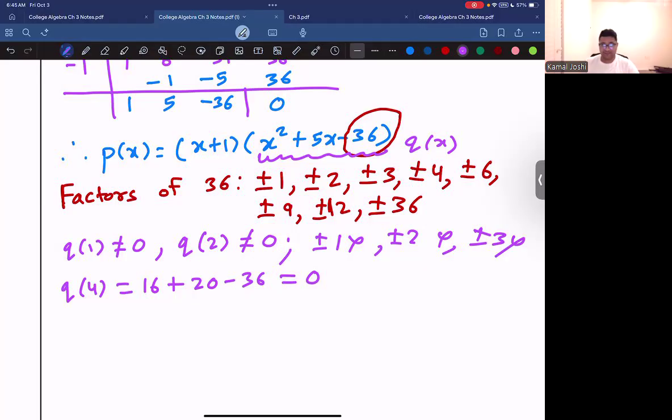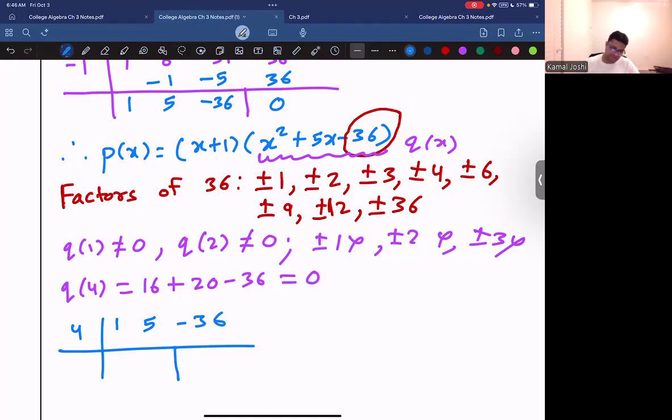You can directly write the factoring. Or, once you have realized that 4 is a factor, you go ahead and do the synthetic division with that 4. Synthetic division of what? Of q of x. And the coefficients are 1, 5, minus 36.